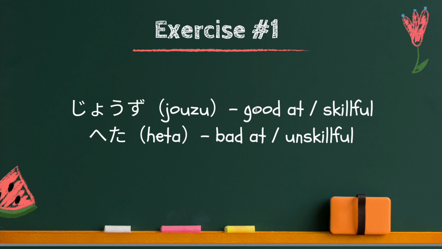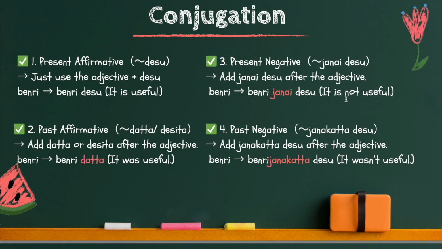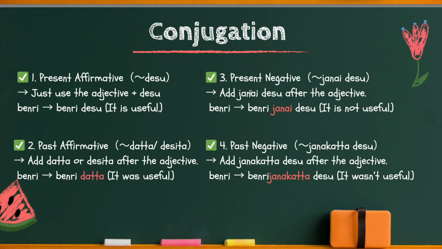The answer is I'm not good at it. 上手じゃないです。I'm not bad at it. 下手じゃないです。If you like to say casually, you can omit this and just say 上手じゃない、下手じゃない。So, present negative, add じゃないです after the adjective.